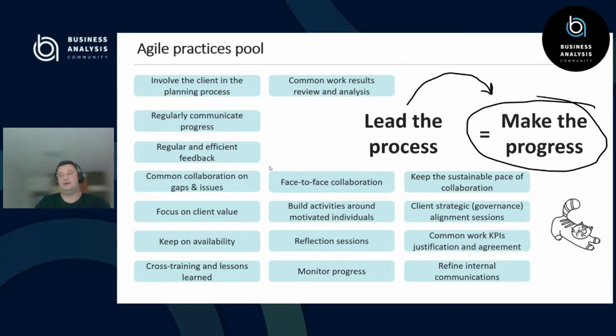Because we have a lot of tools that can help you to be focused on the client value, and not only on the feature level, but also on the product level, on the business level, etc. So when you're going to communicate, when you're going to cooperate with the client, ask yourself, where is the main value point in this or that question for my client? Think about it. Keep on availability, for sure, for both sides.